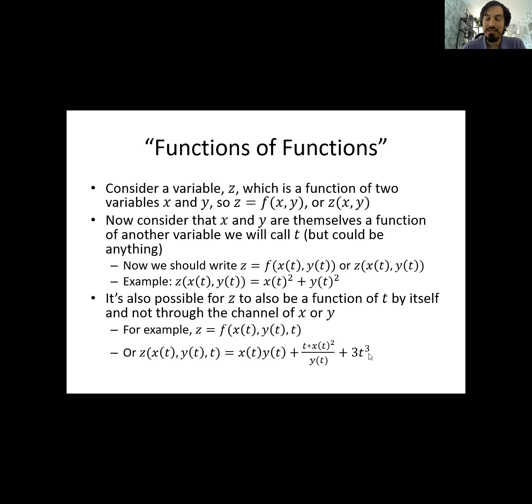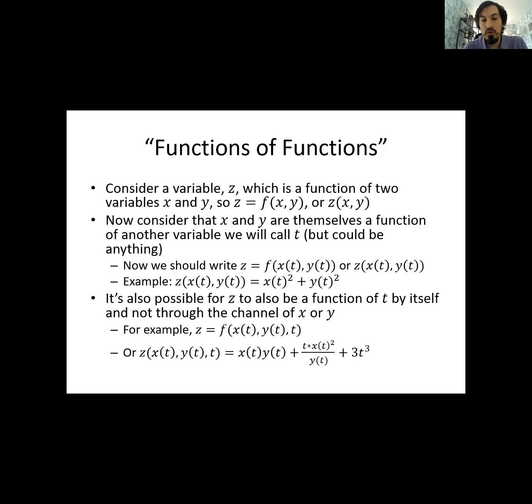It would be 9t squared. That wouldn't be the complete answer, because obviously there's this effect on x and y that you need to consider. And basically, if you know the chain rule, this is just the application of the chain rule to this multivariate function.